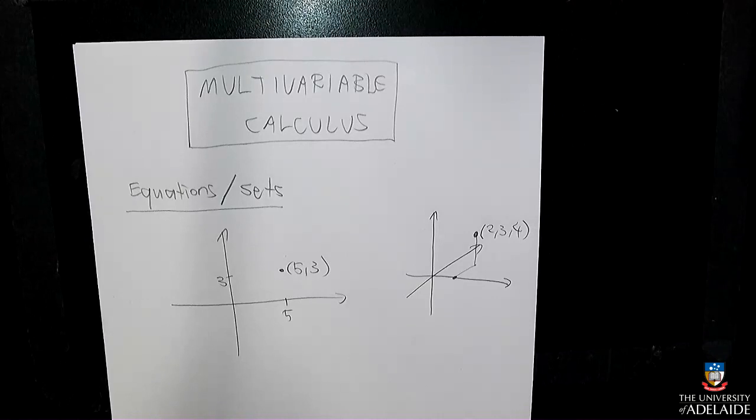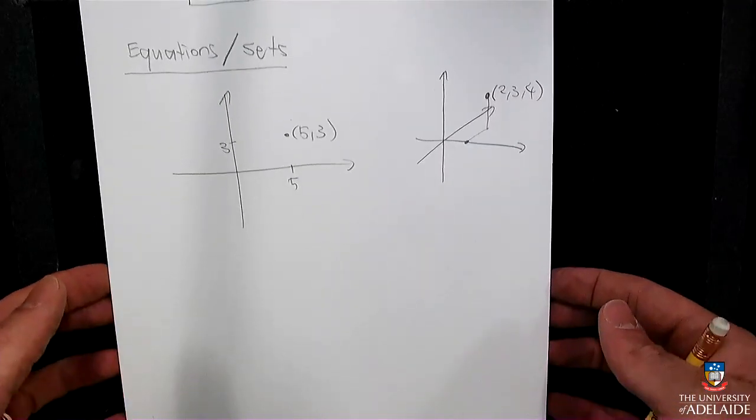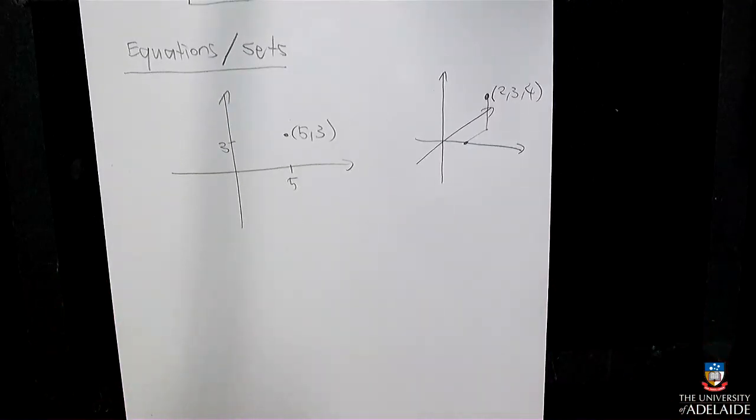And one of the things that Descartes wanted to do when he created this was to be able to describe drawings, like objects in 2D and 3D, using equations. So what he wanted to be able to do was to take a drawing and say, well, there must be a rule to tell whether a point should be on that drawing or not. And that's a set. And that's one of the biggest ideas in mathematics.